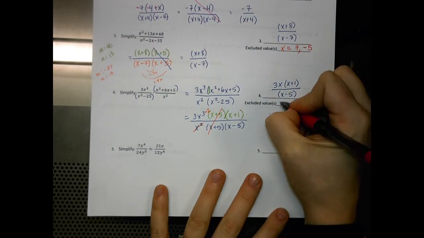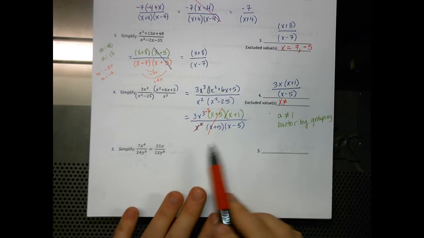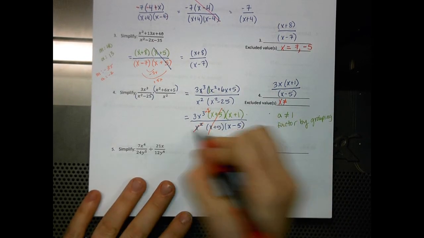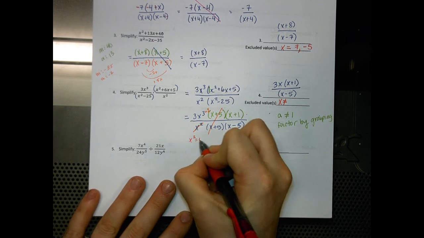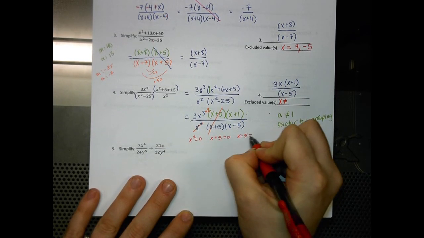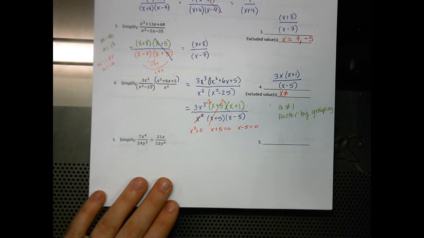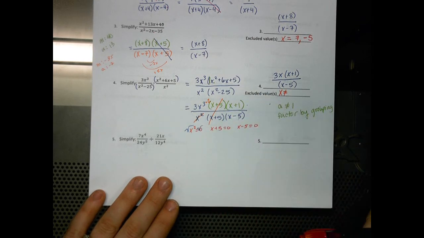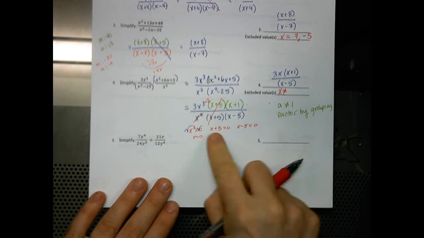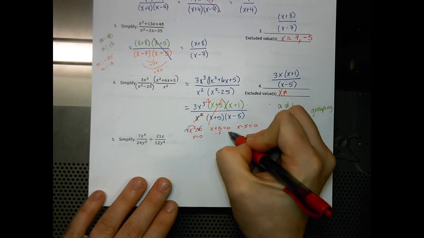My excluded values, how many do I have on this problem? 3. 1, 2, 3. So in my factored form, if I set each of these equal to 0, I could solve. On the first one, I take the square root. Square root of 0 is just 0. On the second one, I'm going to subtract 5.